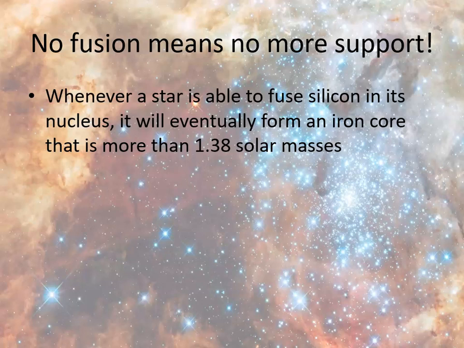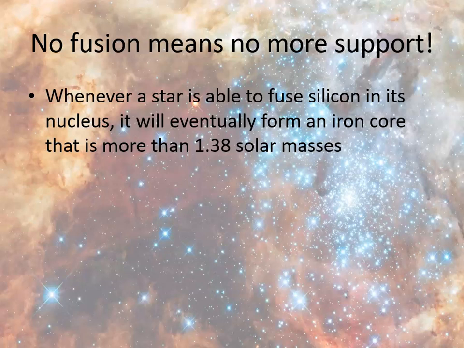So a cold, dead object, that's a white dwarf star. A white dwarf star can't be any more than about 1.38 times the mass of our sun when you talk about the typical types of elements that exist in these things, like carbon-oxygen white dwarfs or oxygen-neon white dwarfs. So 1.38 times the mass of our sun. You can't be more than that.